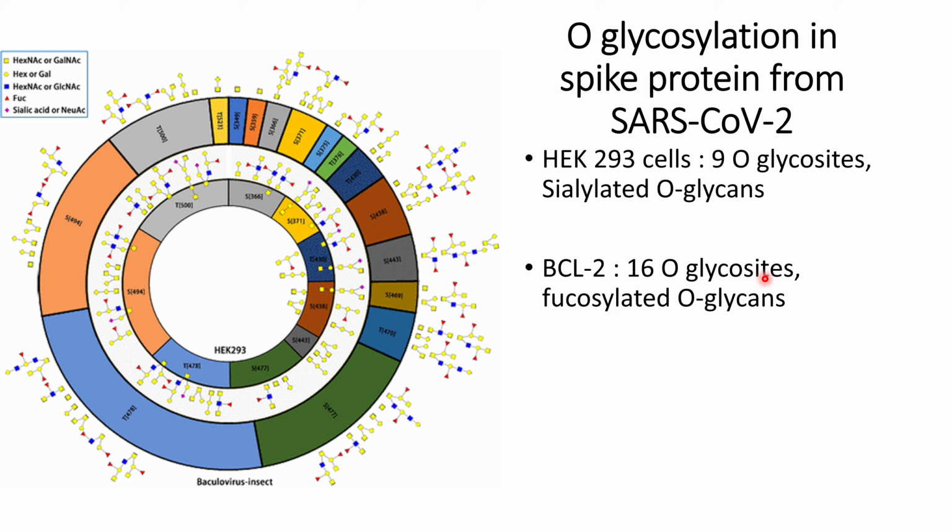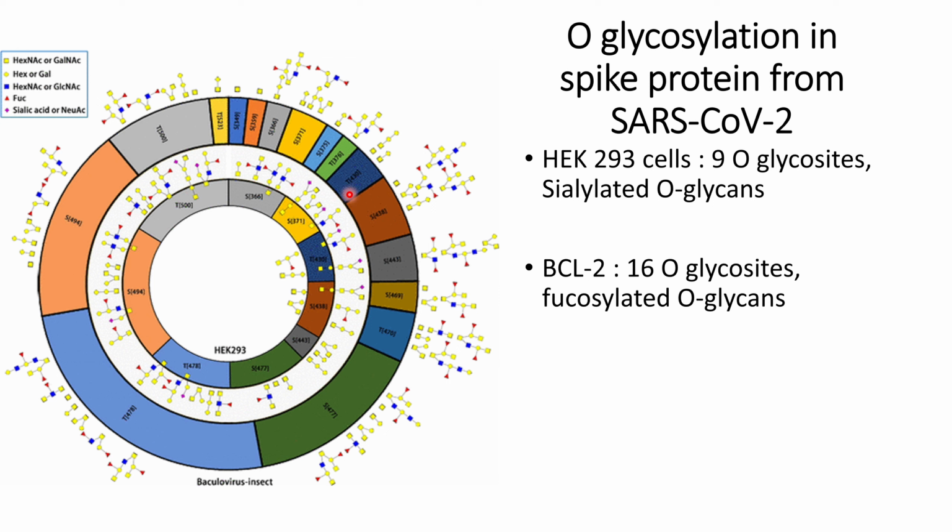16 O-glycan sites, and most of the O-glycans in the BCL2 are fucosylated, whereas the spike protein expressed from HEK293 cell lines has some sialylated glycans, as can be seen here.